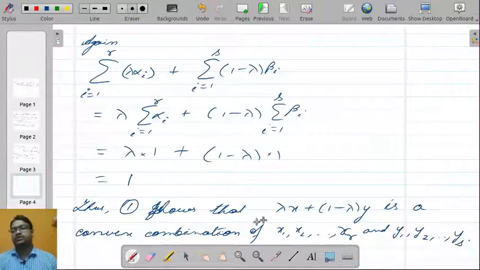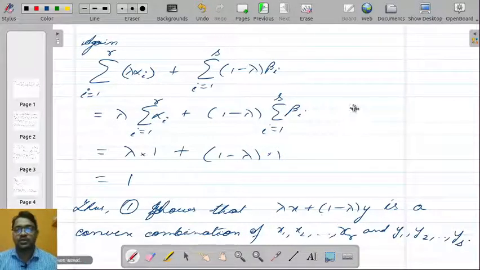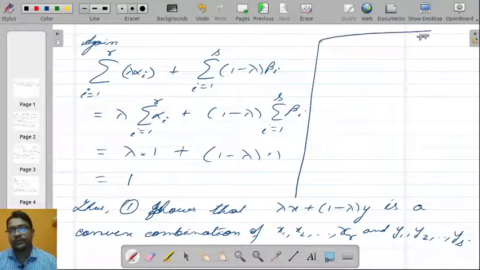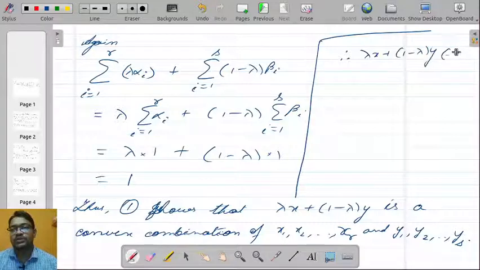This is a convex combination of these, right? So therefore lambda x plus 1 minus lambda y belongs to Cx.